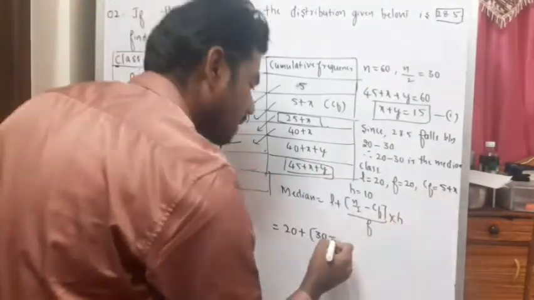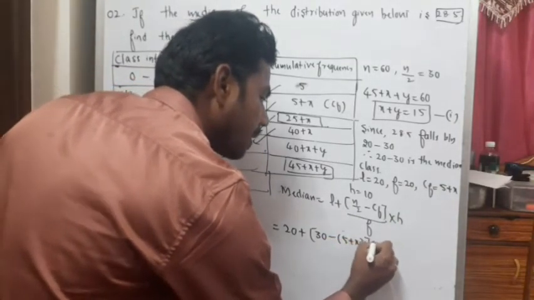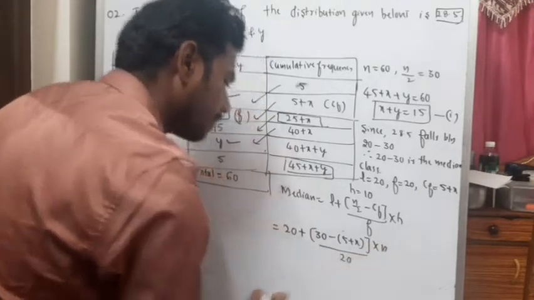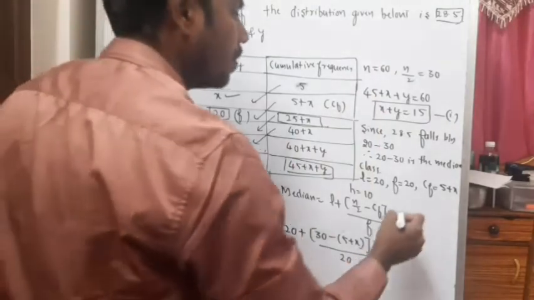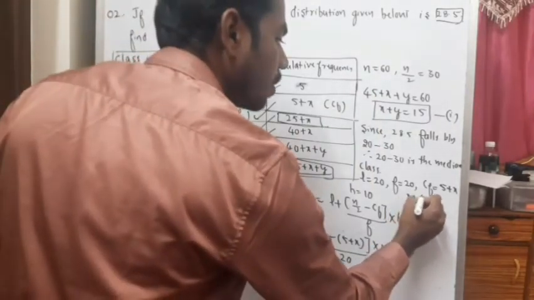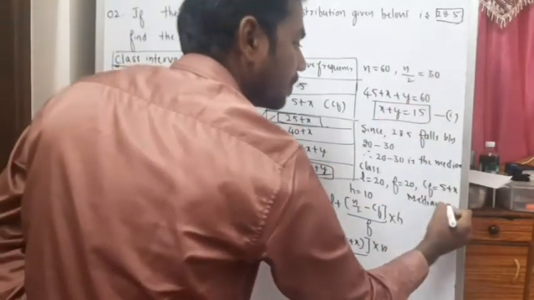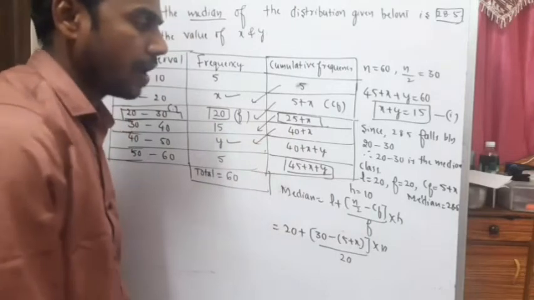CF is 5 plus x, into 10 divided by 20. So what is the median? Median already they have given. They have given median is equal to 28.5.